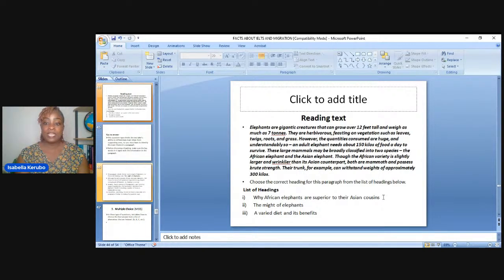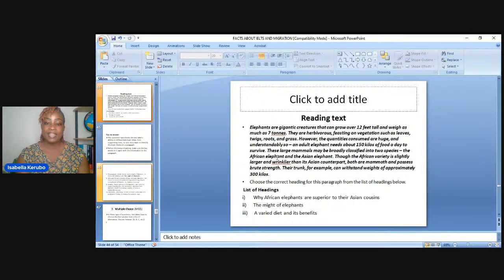Okay, we want to see if this could be the right heading for this text. Yes, we know that something about African elephants has been mentioned in this text, but is this the main theme of this text? Let's read here.